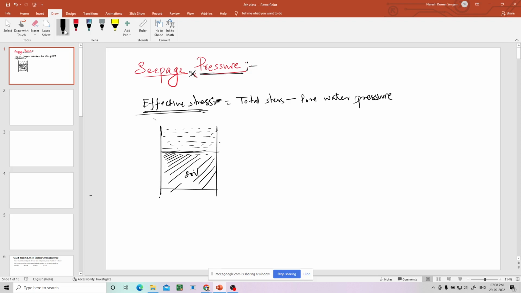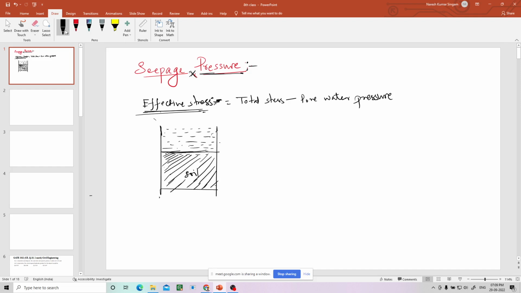This water can stand above the soil because the soil is fully saturated. Otherwise it would have percolated inside, right? As the water is standing above the soil sample, that means the soil is already fully saturated.